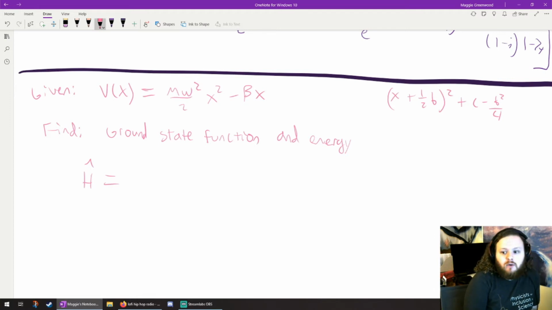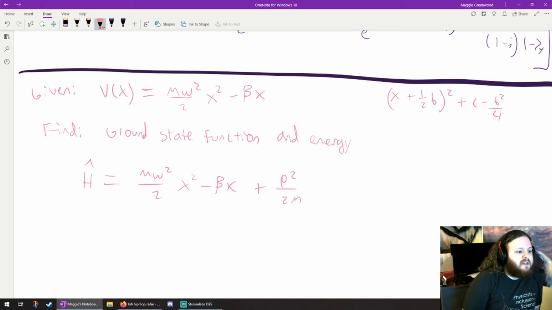So the potential is this V of x thing: m omega squared over 2 x squared minus beta x. That's the potential. And then the kinetic energy is p squared over 2m. This Hamiltonian, you can see its powers of x. It has an x squared, an x, and a constant term.